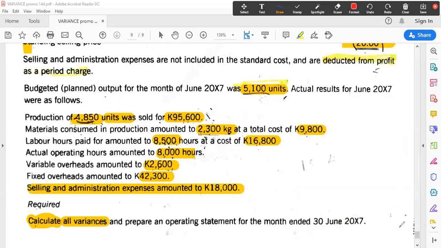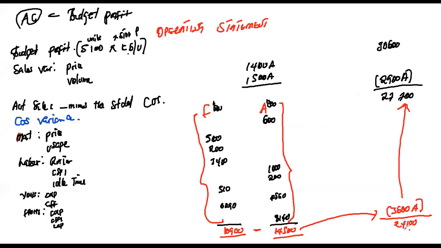How much do we have? 6,100. So our actual profit is 6,100.